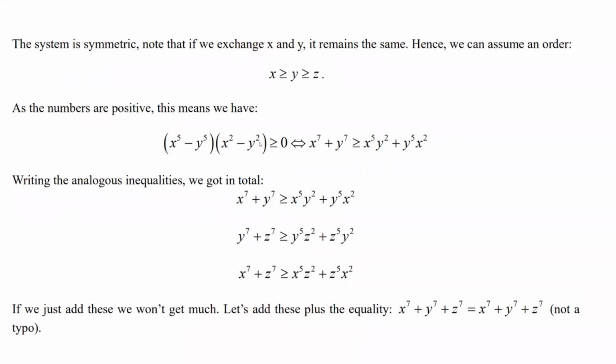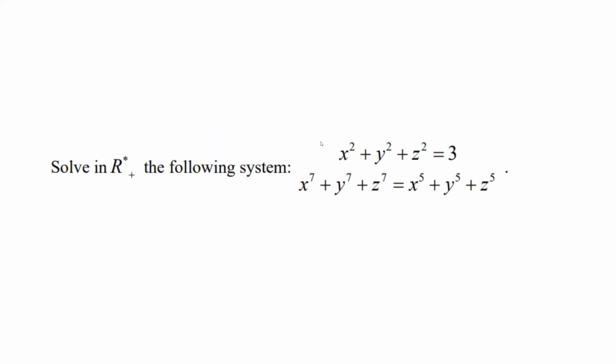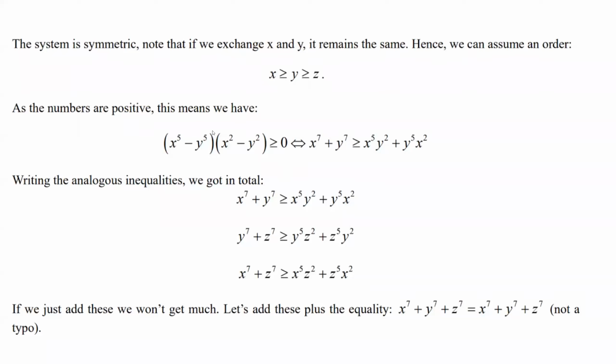So why this? Well, we have 5 and 2 in the problem statement, and 5 plus 2 equals 7. That's basically why I did this. Of course, we have this odd-looking RHS, right-hand side, so we need to get rid of this or use some simplifications.